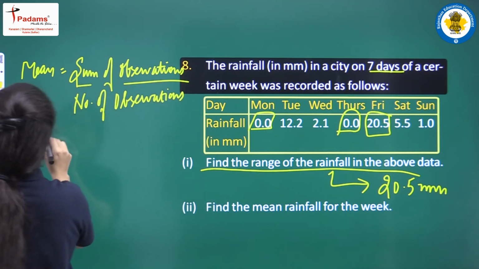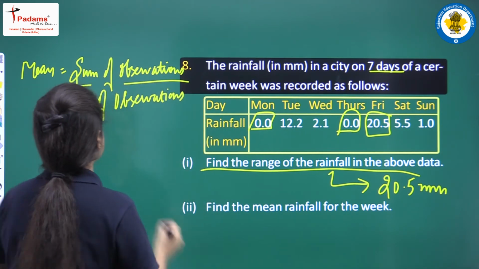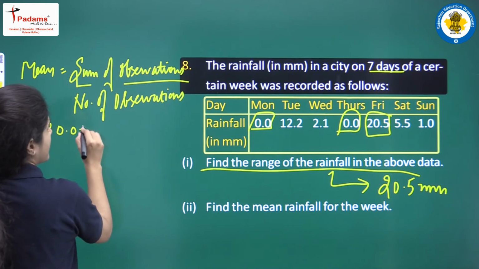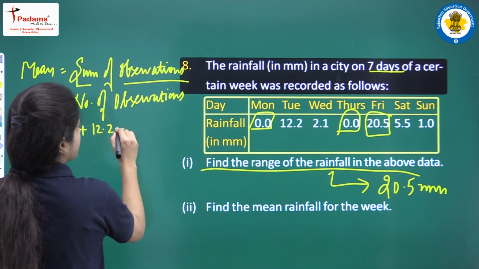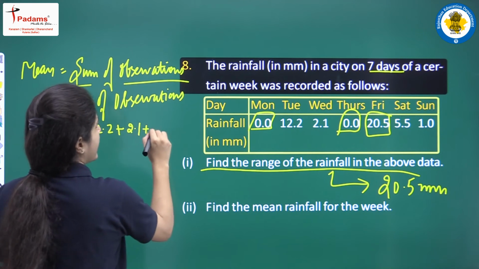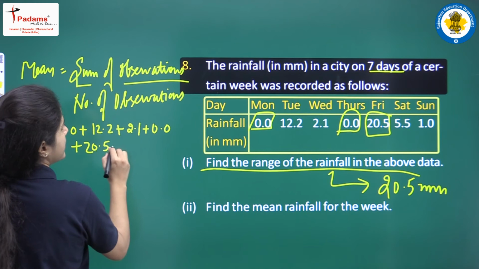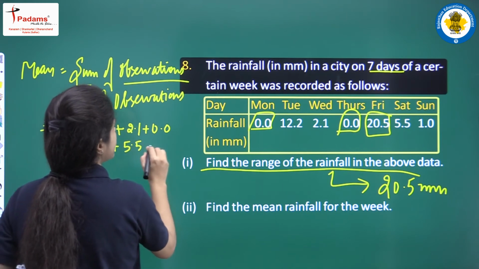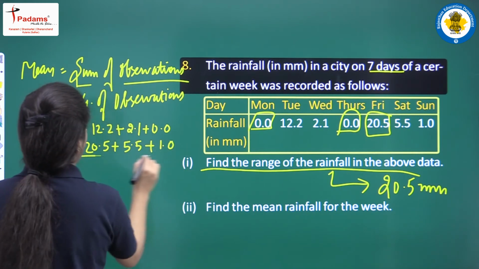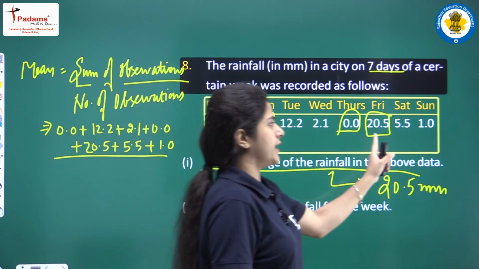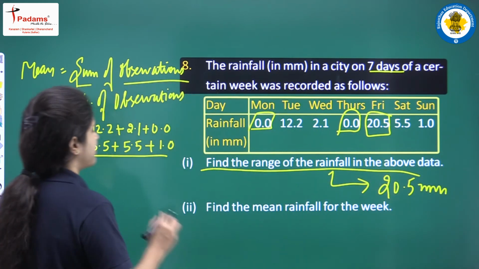The sum of observations is 0.0 plus 12.2 plus 2.1, again 0.0 plus 20.5 plus 5.5 plus 1.0, divided by 1, 2, 3, 4, 5, 6, 7. Okay, divided by 7.